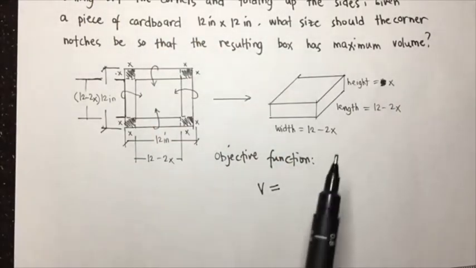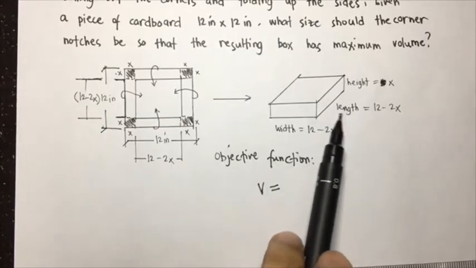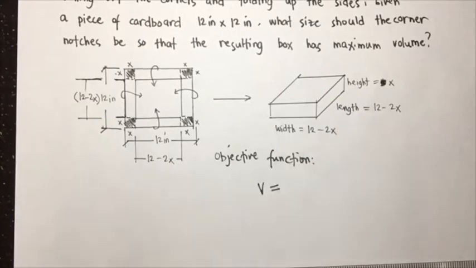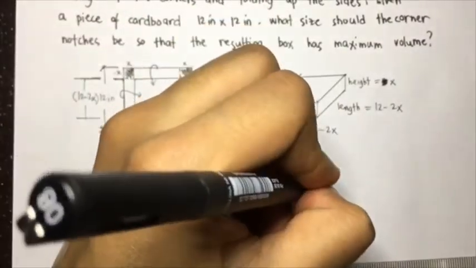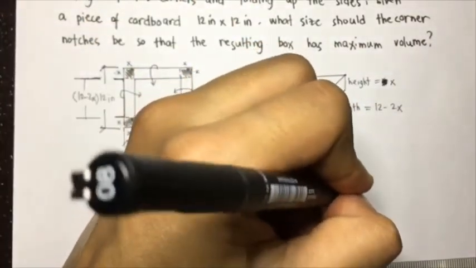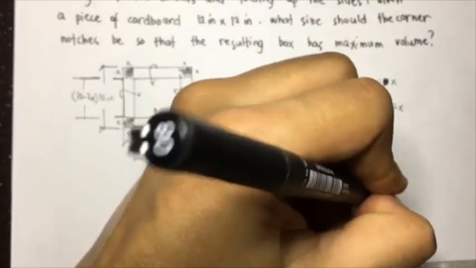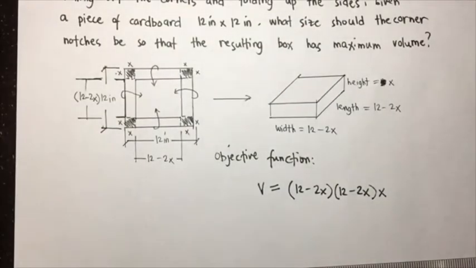Since this is a box, the volume is equal to length times width times height. Our length is 12 minus 2x, our width is also 12 minus 2x, and our height is x.